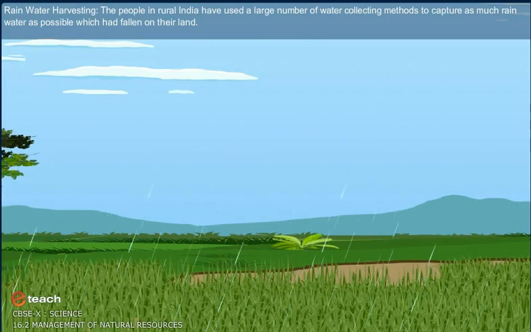Rainwater harvesting. The people in rural India have used a large number of water collecting methods to capture as much rainwater as possible, which had fallen on their land.